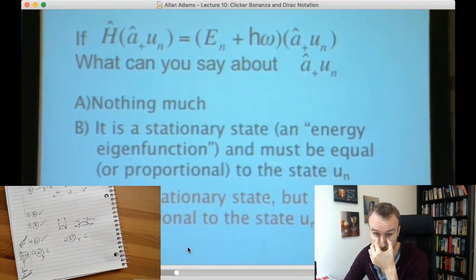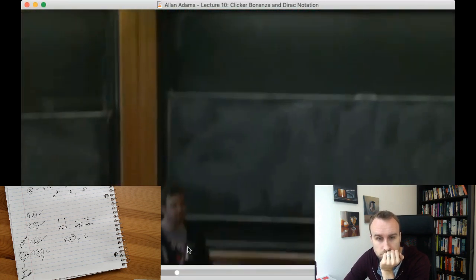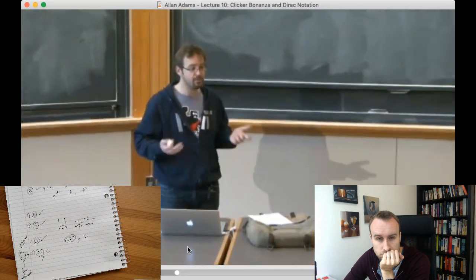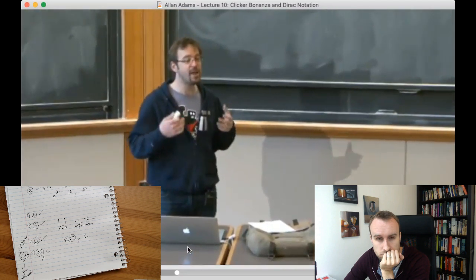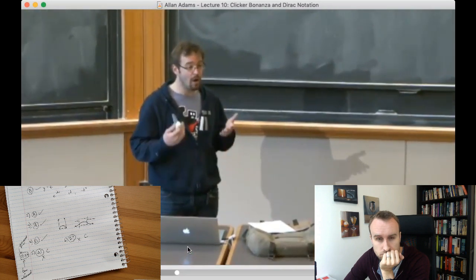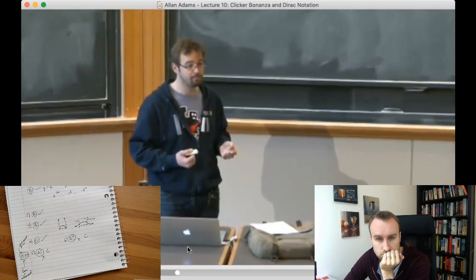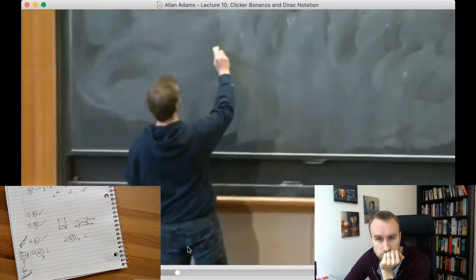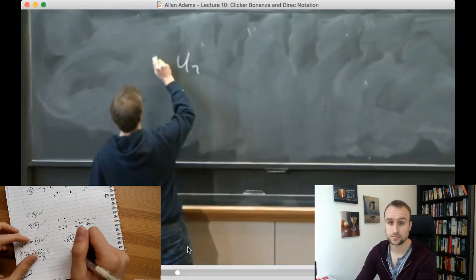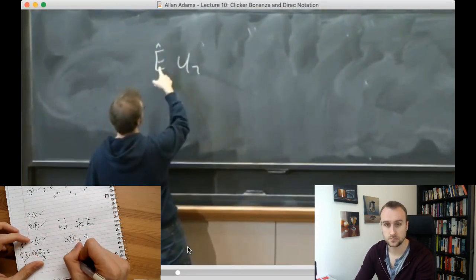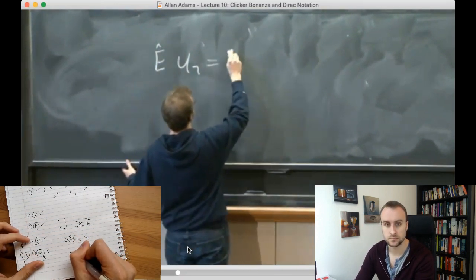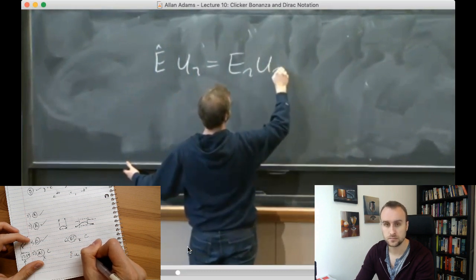How did you know it's not proportional to state UN? If it were proportional to the state UN, then it would be some constant times UN. That's what we mean by saying it's proportional. But then if we acted on it with the energy operator, what would the eigenvalue be? So let me say this again. Suppose I have a state UN, which I know that if I act with the energy operator on it, H UN is equal to En UN.